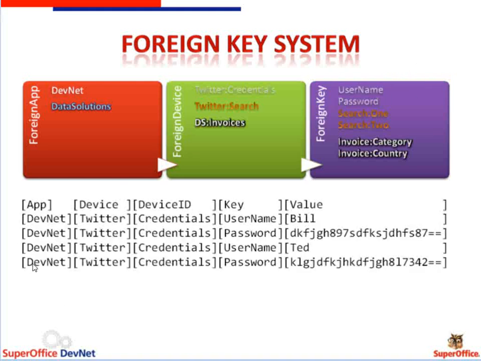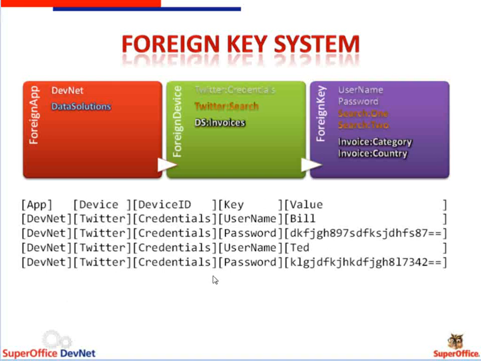If we take a look down here below, in the foreign app table we'll define a single application, DevNet. And then within the foreign device table, we'll define a device name and a device ID. Of course, we can have many different device IDs, which would give us a two-dimensional property bag for an app, a device, and a device ID.